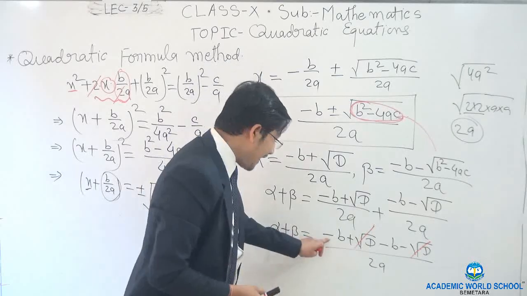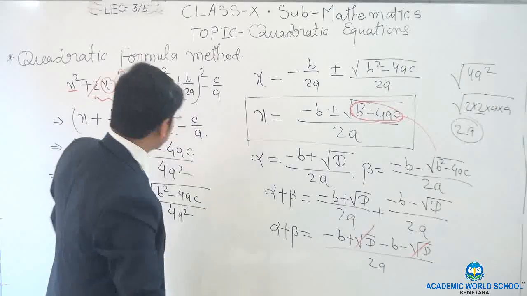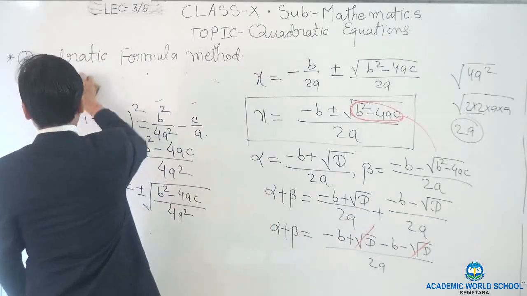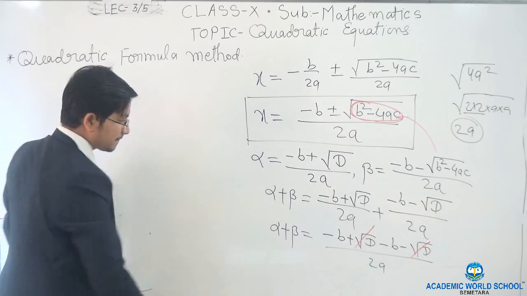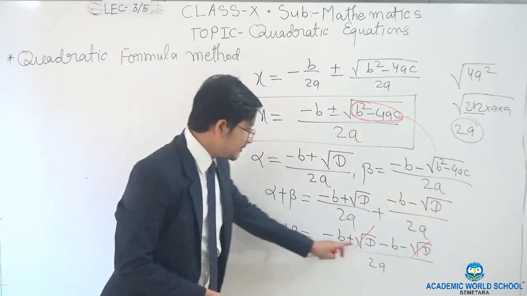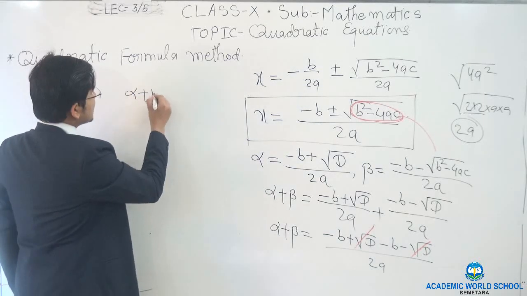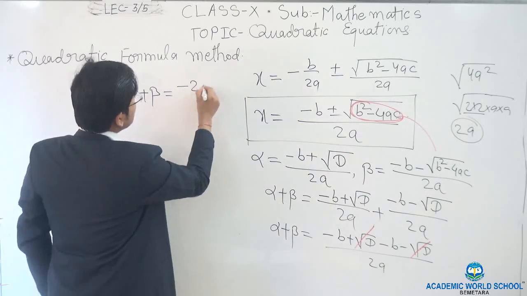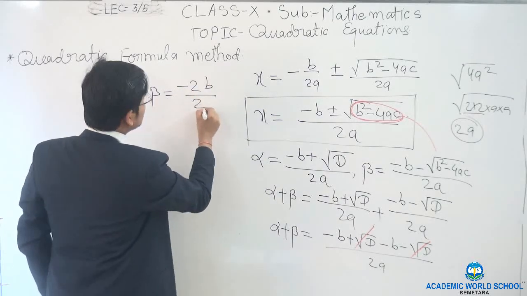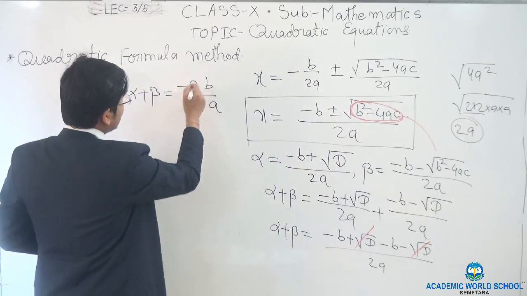So now minus b, minus b is minus 2b, so alpha plus beta is equal to minus 2b upon 2a, and this 2 will be cancelled out.